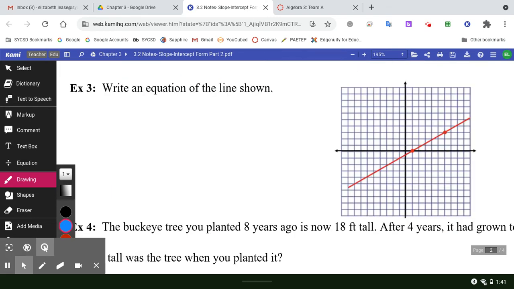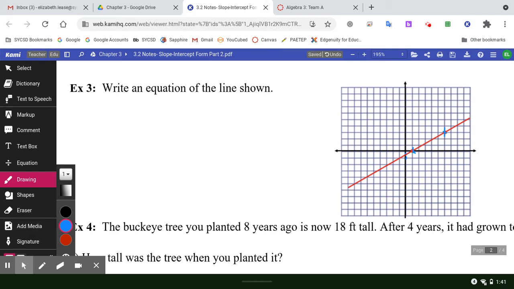Looking at example 3, we can probably estimate what the y-intercept is right here, but we don't know for sure. So instead, we're going to use the 2 points that were given here and here to calculate it.